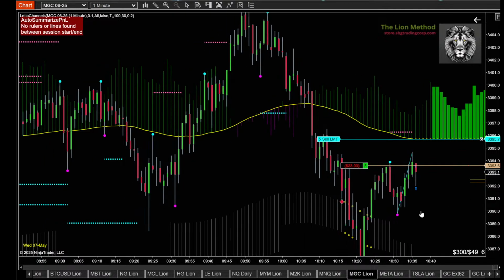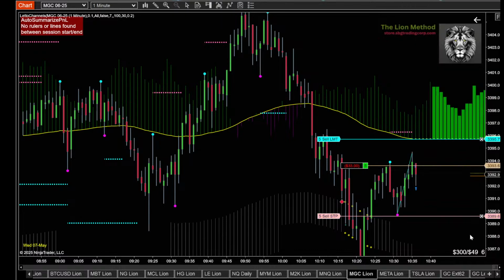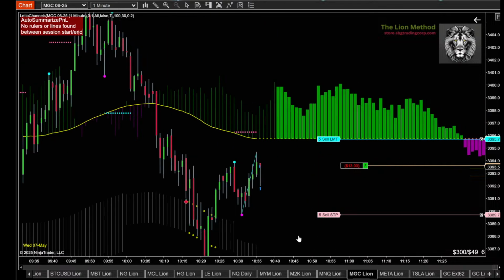Let's see if gold has anything in store for us here. Target is there. We're going to put a stop down here. Let's see. The tendency is encouraging.